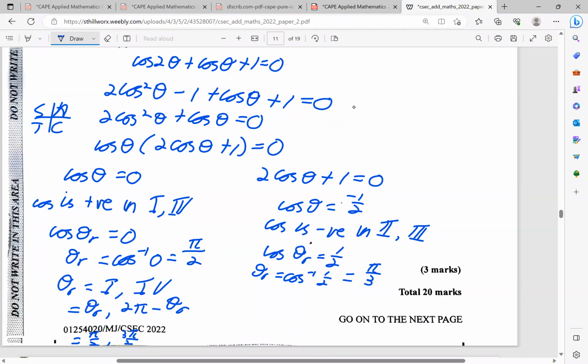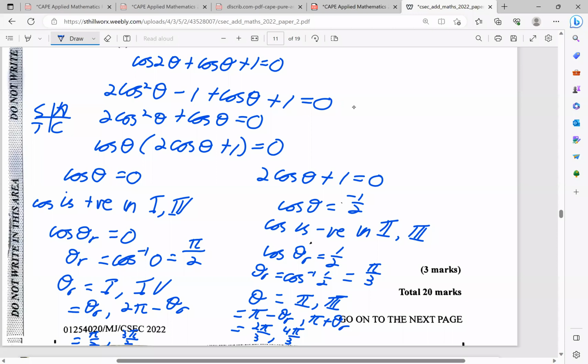So therefore, theta being in the second or the third quadrant is pi minus theta r and pi plus theta r, which is 2 pi over 3 and 4 pi over 3.